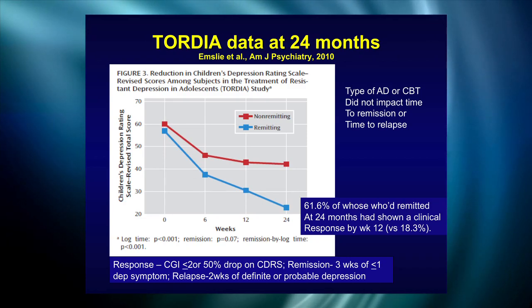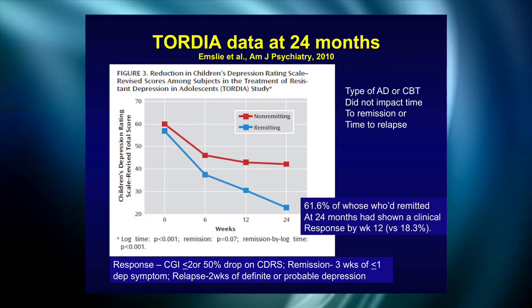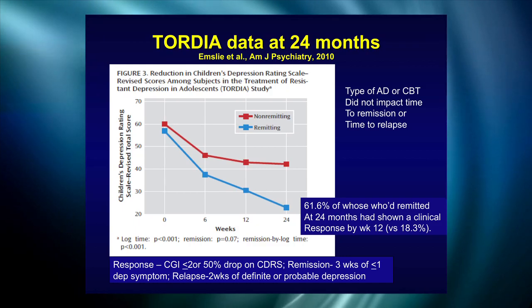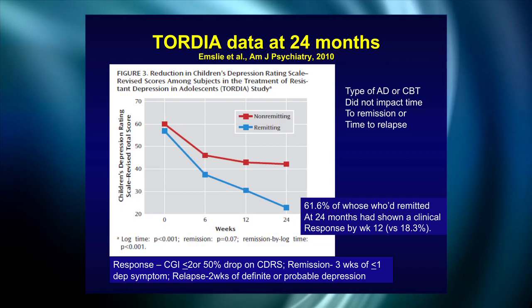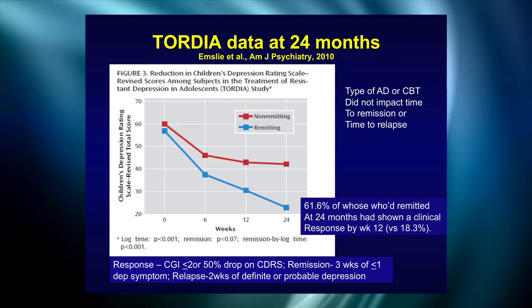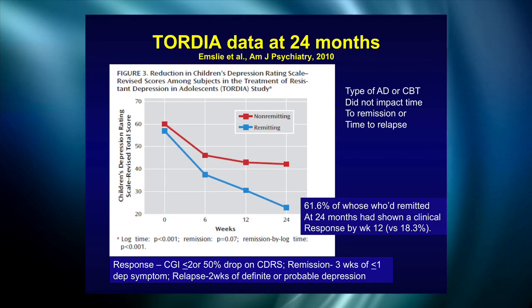Over the course of time, the next question is, how soon could you tell that the new strategy was helpful? And it looked basically like, again, around 6 weeks, there was a difference between those who were going to remit and those who were not going to remit.